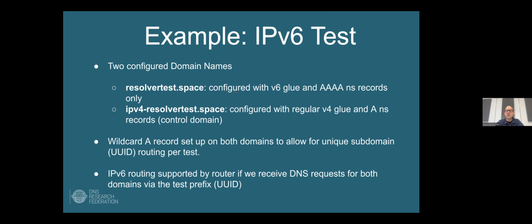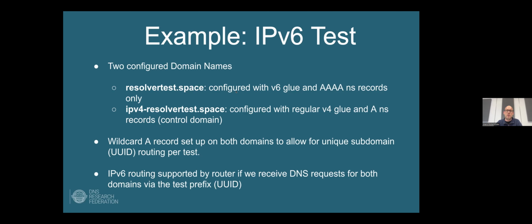So in order to guarantee traffic as well for each resolver, we create a regular v4 glue and standard configured domain name as well with a similar IPv4 hyphenated domain name, so that we've got a sort of dual test here where we can receive traffic from both IPv4 and IPv6, and we can confirm whether we got traffic from both or not. So in order to facilitate that, we set up a wildcard A record on both domains.